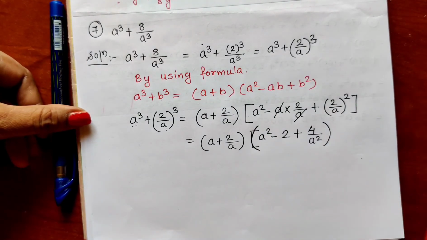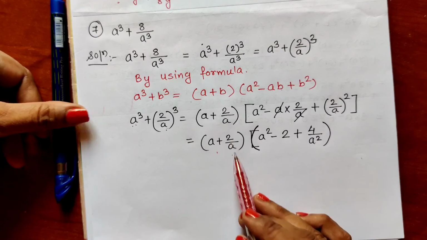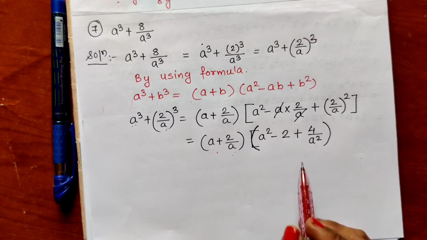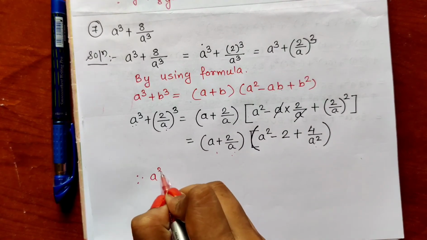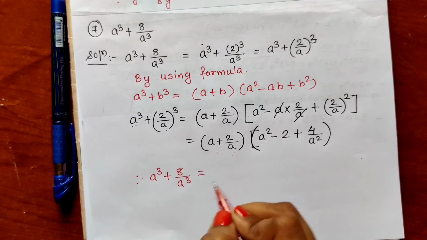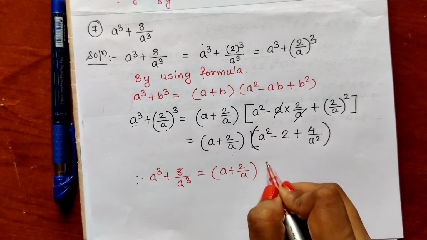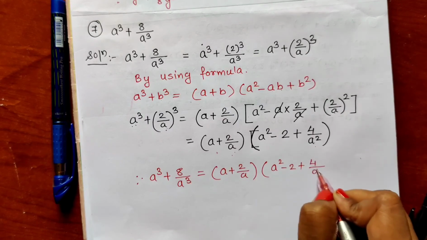Now in this way we have got the factors a plus 2 upon a in first bracket, a square minus 2 plus 4 upon a square is in the second bracket. So answer is therefore a cube plus 8 upon a cube is equal to a plus 2 upon a and a square minus 2 plus 4 upon a square.